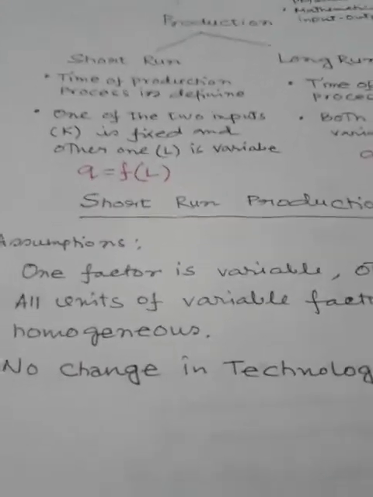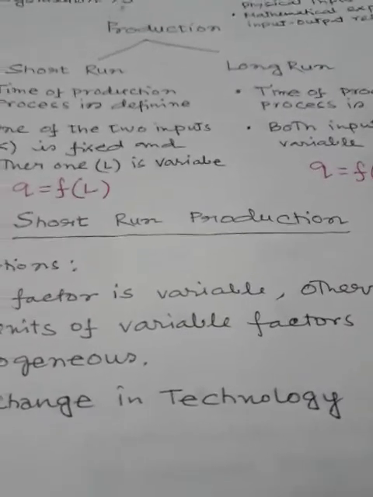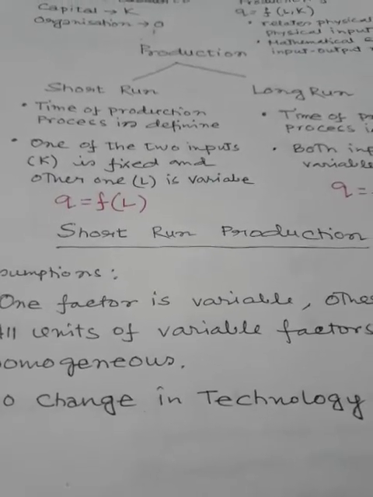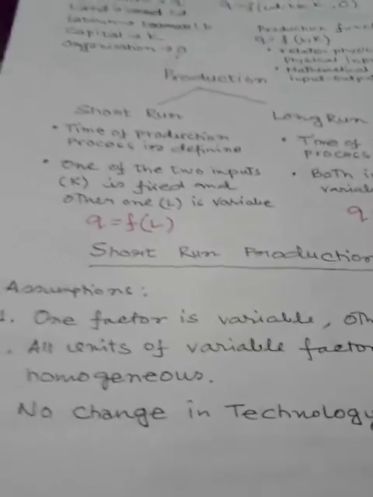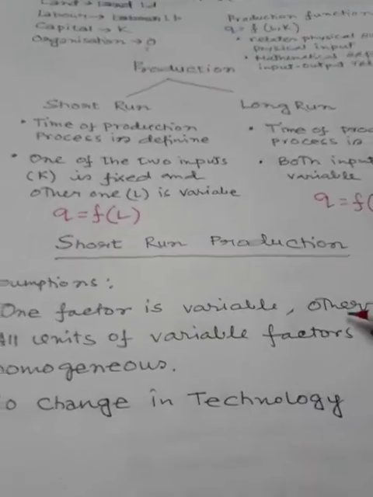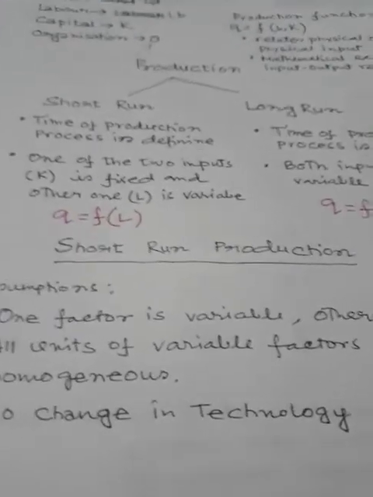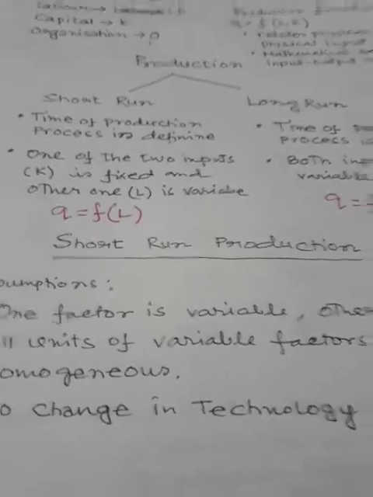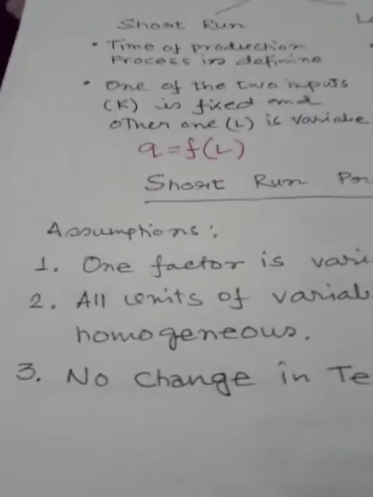Now, after this, today we will start the short-run production function. What is short-run production? It is a production process which is assumed to end in future, and we know that the time is definite. This is short-run production.